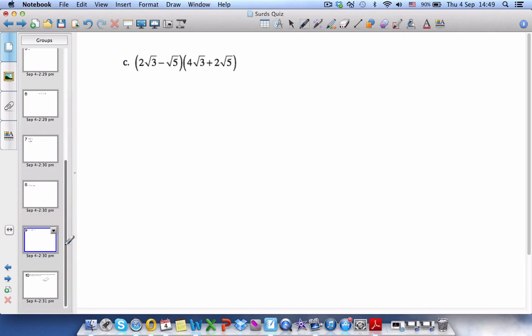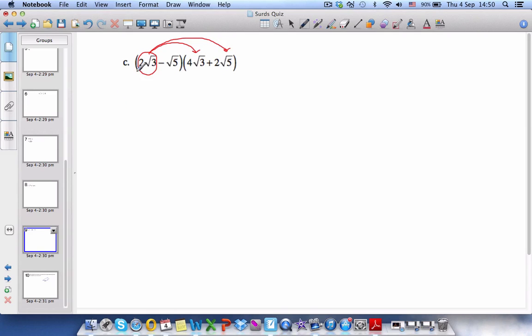The last question on number 3, you have two binomials. So two things, 2 root 3 minus 2 root 5 times 4 root 3 plus 2 root 5. So you have to distribute. Okay, so I'm going to take this 2 root 3 and then multiply it to 4 root 3 and 2 root 5 first.